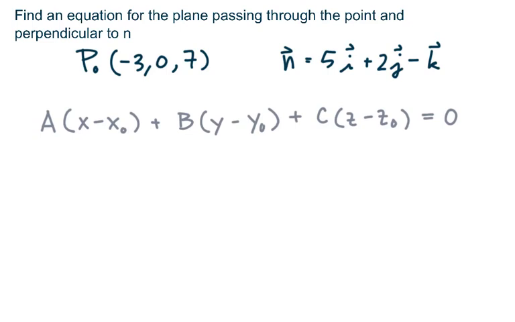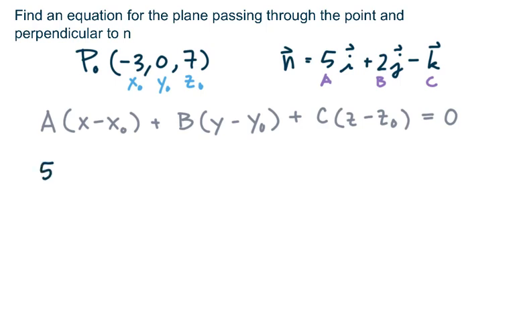I'm going to pull my A, B, and C. Those values are coming from N. And my x sub 0, y sub 0, and z sub 0 are coming from the point.